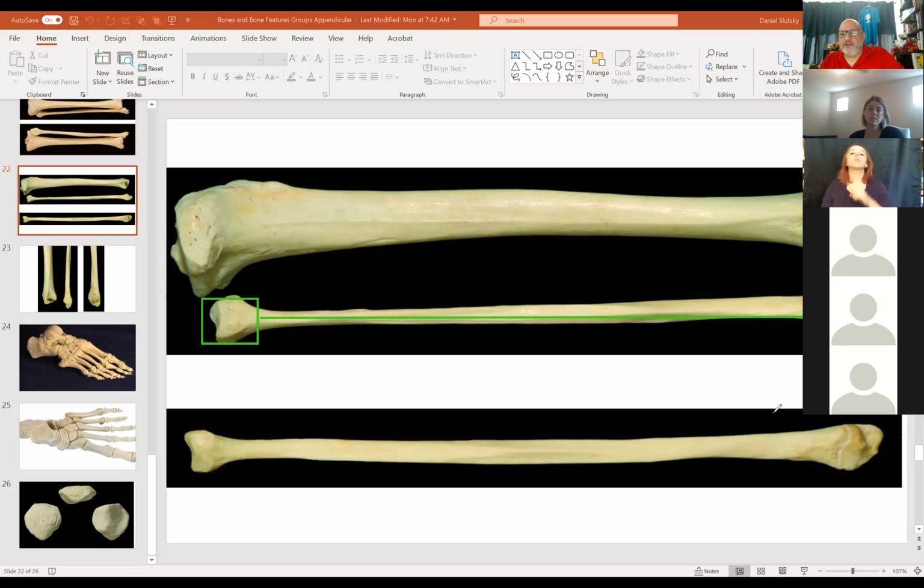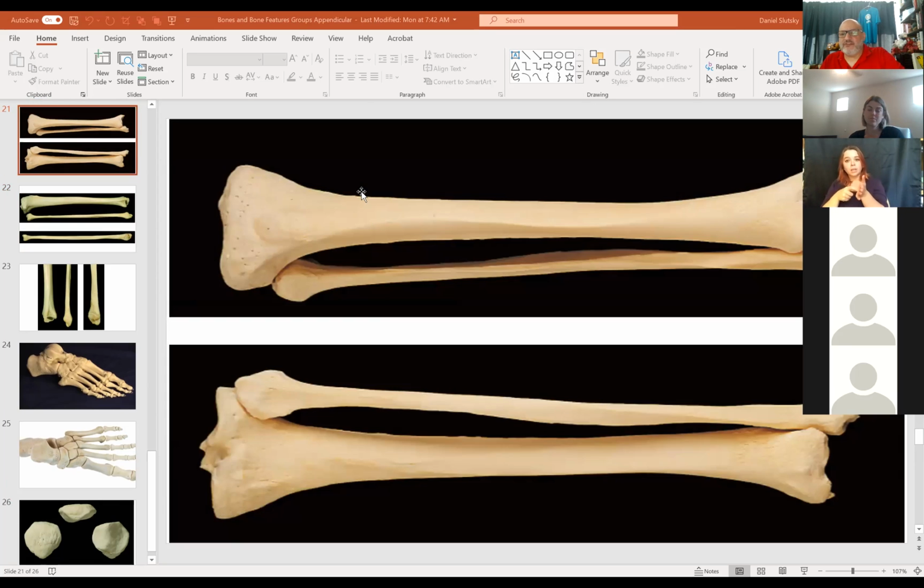Now, when we look at this arrowhead in this particular view, we can see that smooth surface for the talus. Notice if we go back to this picture, I really can't see that articulating surface for the talus, and so I'm not really able to see the notch very well.